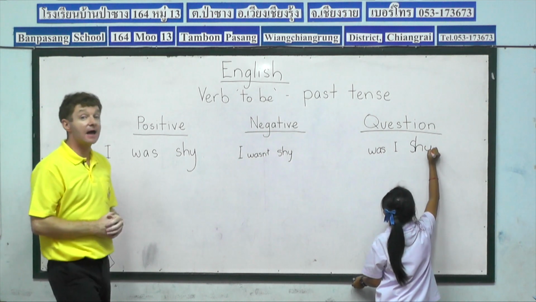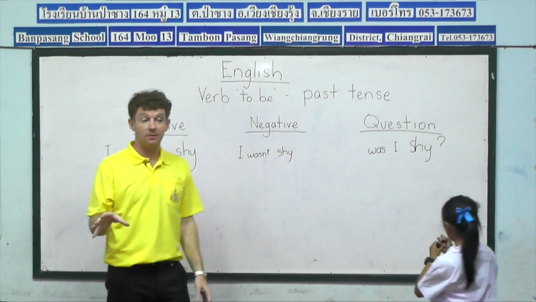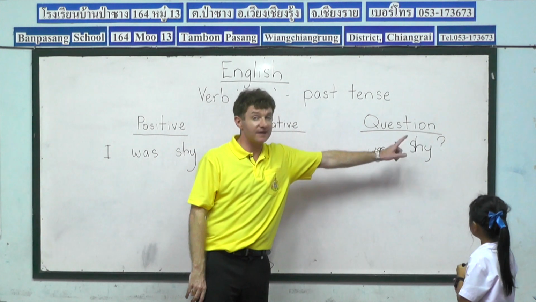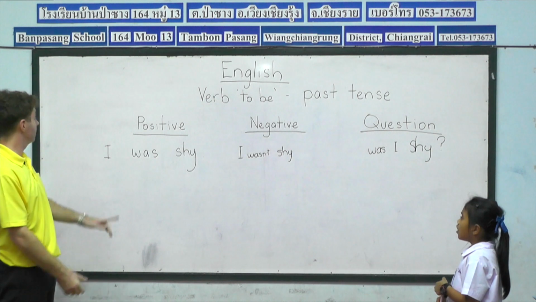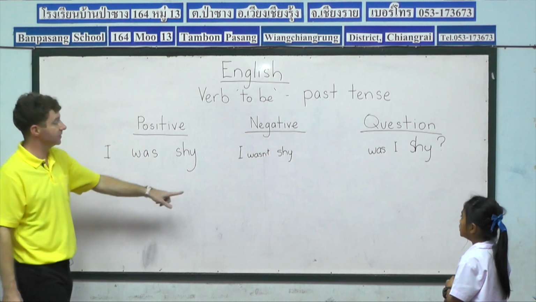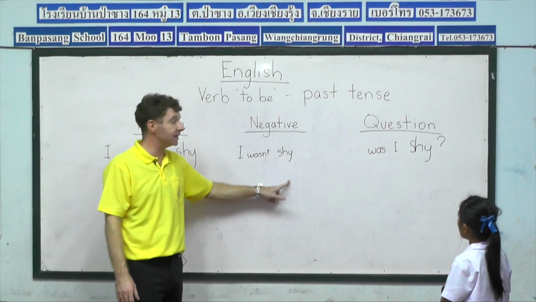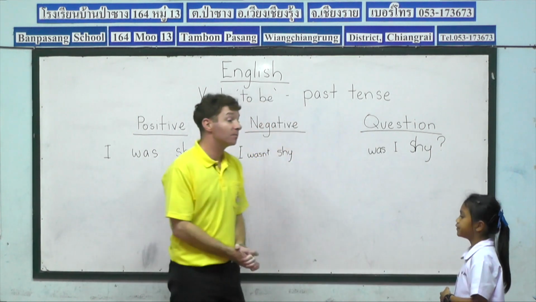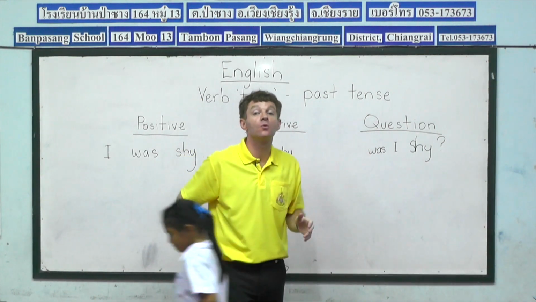And not forgetting, guys, what do we need to do if we're writing a question in English? What needs to come at the end? Question mark, like Pak Bung has expertly demonstrated here. So one more time, all together. I was shy. I wasn't shy. Was I shy? Pak Bung, that's excellent. High five. Big round of applause for Pak Bung.